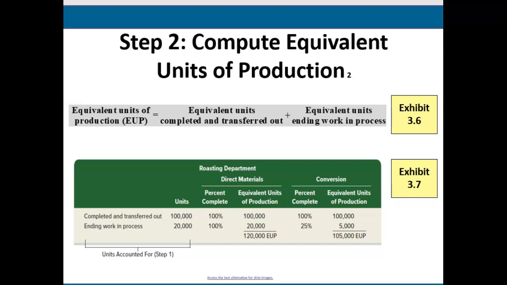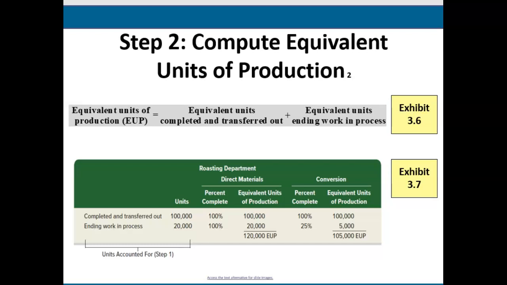20,000 times 25%. Total equivalent units of production equals 120,000 for direct materials, so 100,000 plus 20,000, and 105,000 for conversion, which is 100,000 plus 5,000.